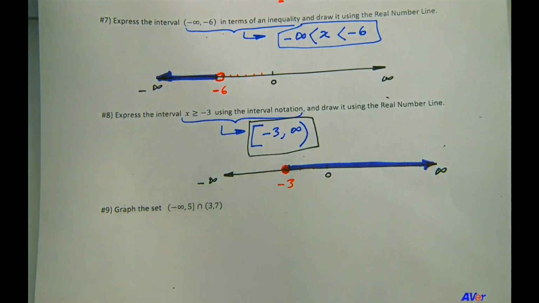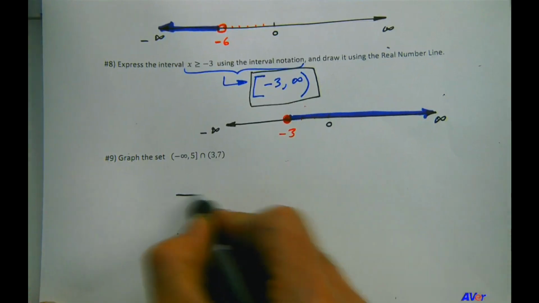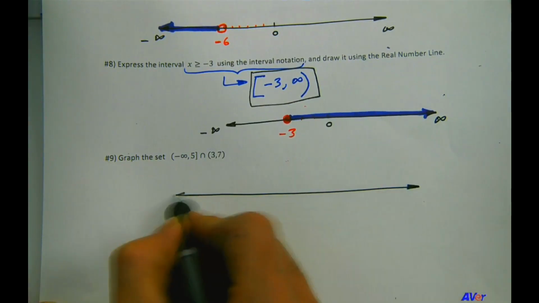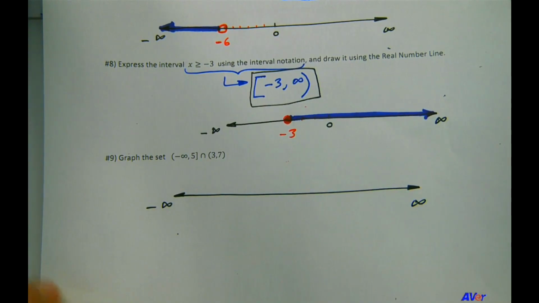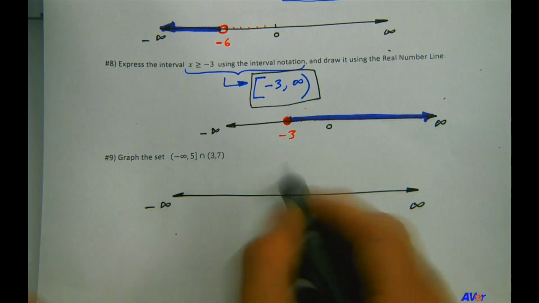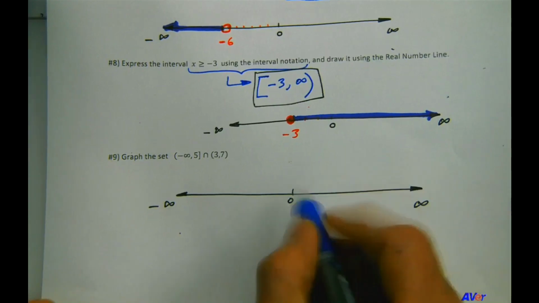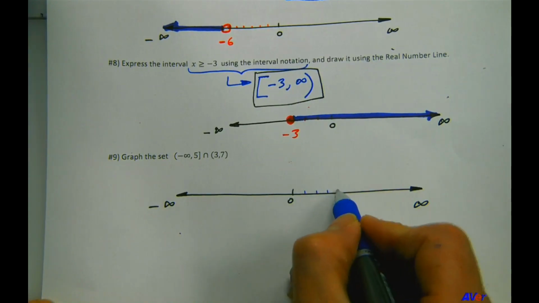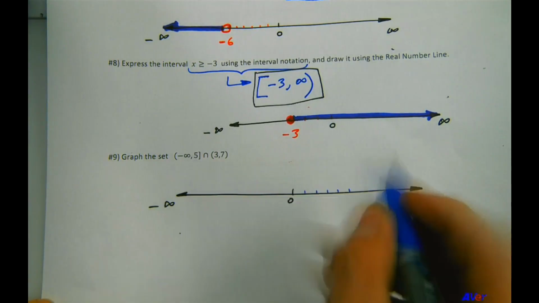And they want us to graph this last question. They want us to graph this set. Okay? So, which means draw the real number line graph for it. So, here we have 0. 5 would be, let's say, 1, 2, 3, 4, 5. 5 is included because it's got a bracket next to it.